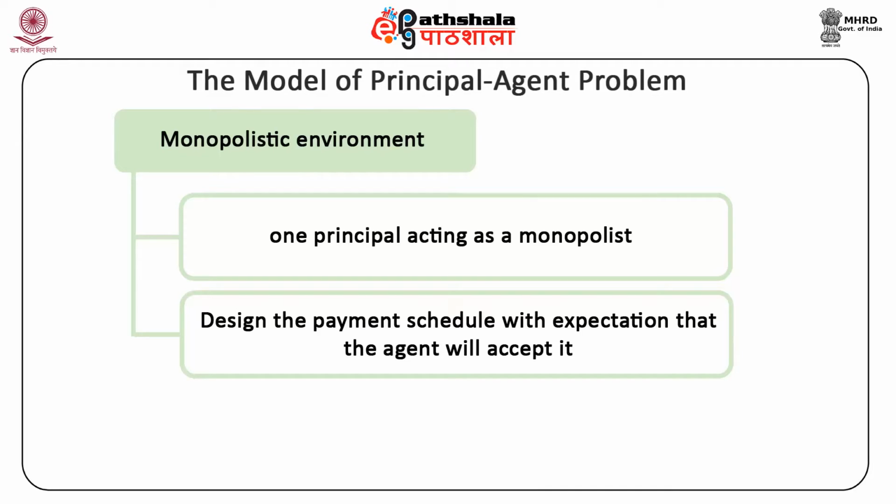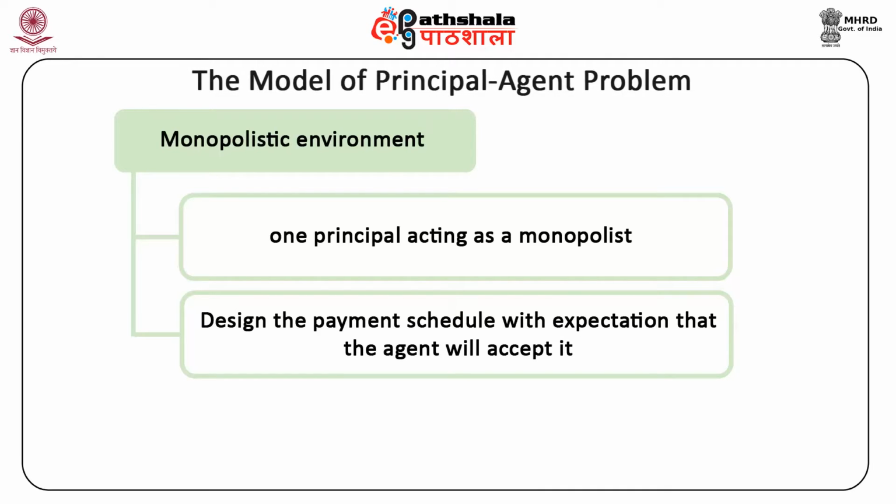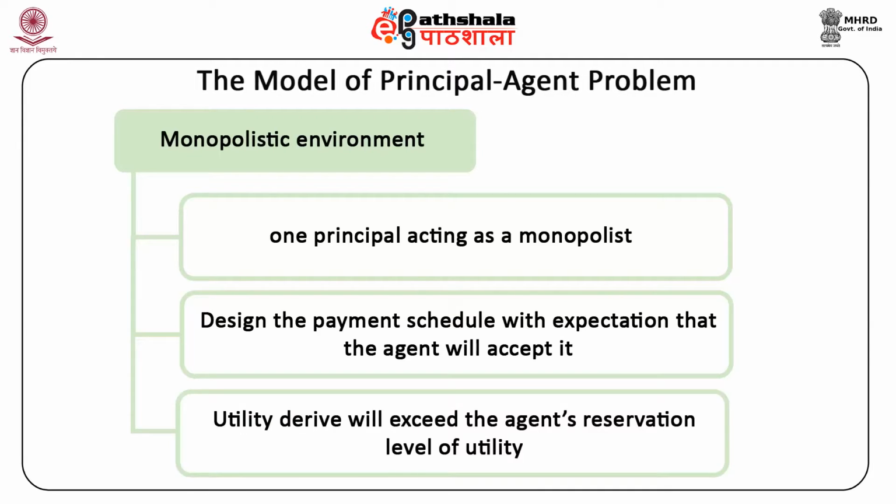The principal designs the payment schedule in such a way that the utility the agent will derive from it will exceed the agent's reservation level of utility. Thus, the agent has no choice other than to accept the payment schedule. The incentive scheme adopted by the principal in order to design the payment schedule is optimal from his viewpoint.